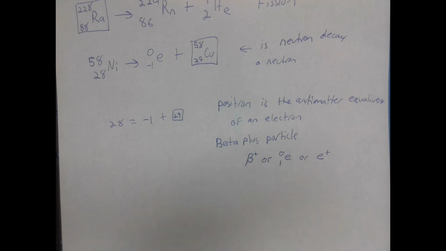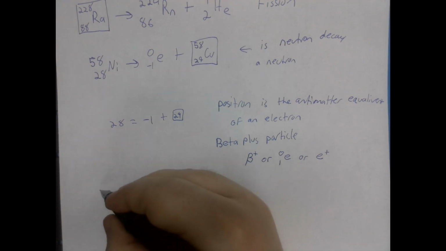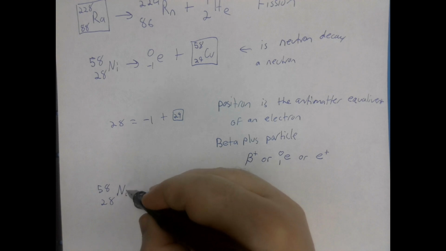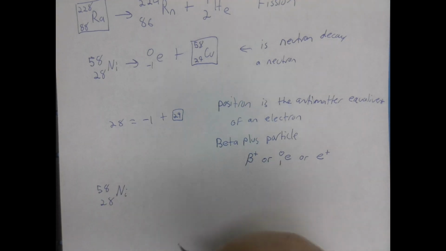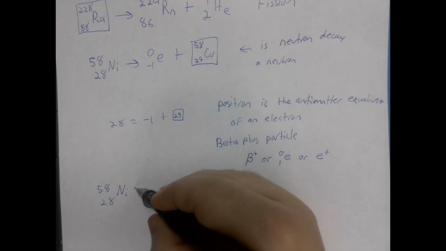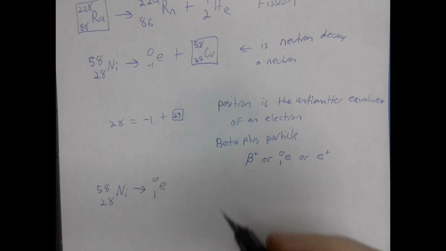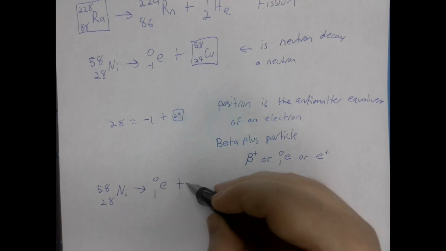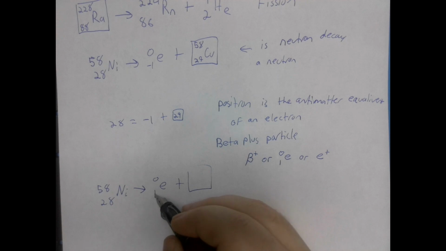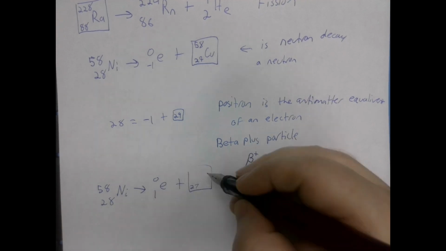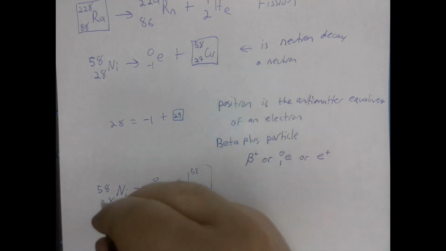It doesn't make any difference. For example, if I were to plug this in here, if nickel were to have undergone beta plus decay, a positron decay, it doesn't make any difference. It still does the same thing. So what plus 1 gives you 28? 27. 0 plus 58 gives you that.